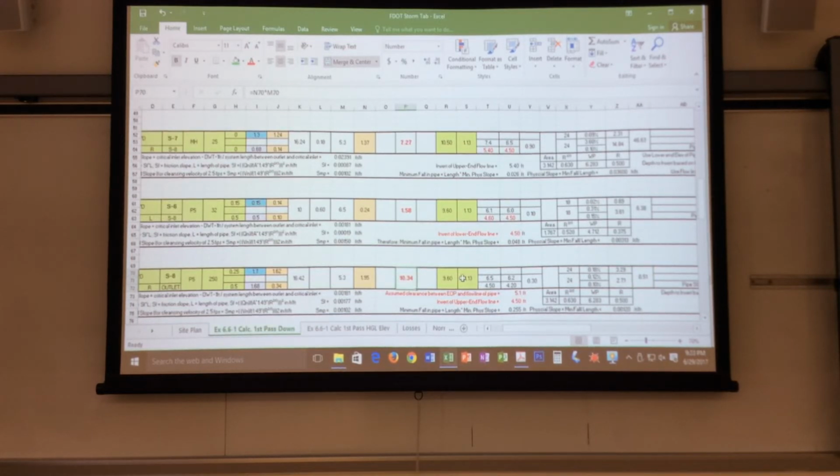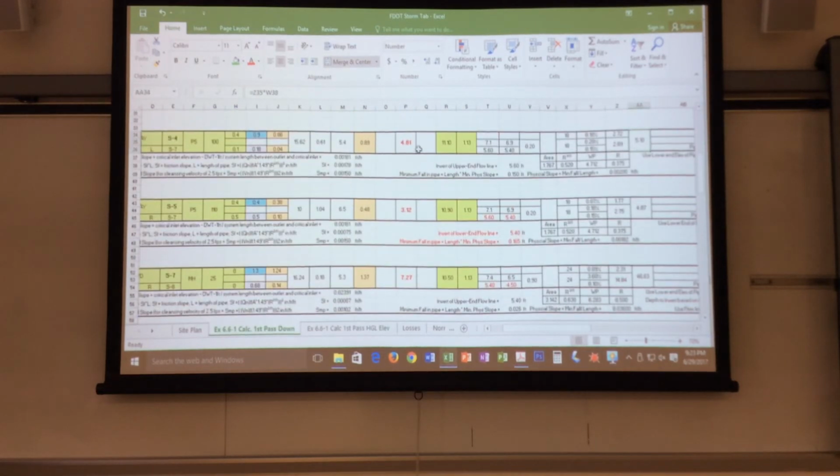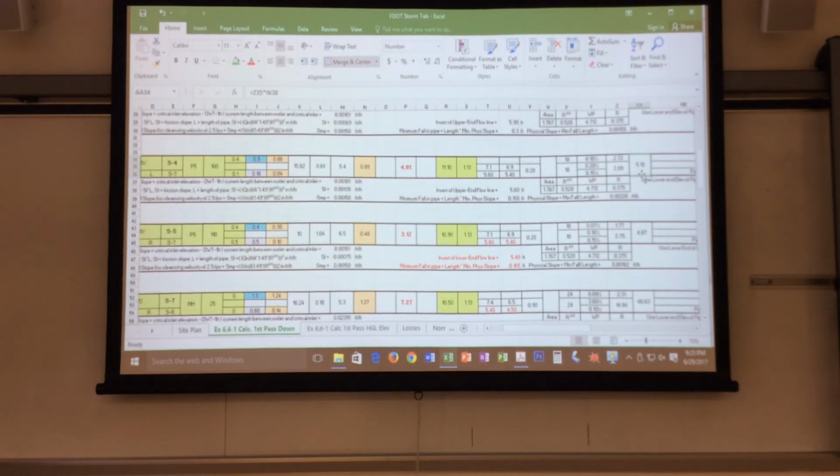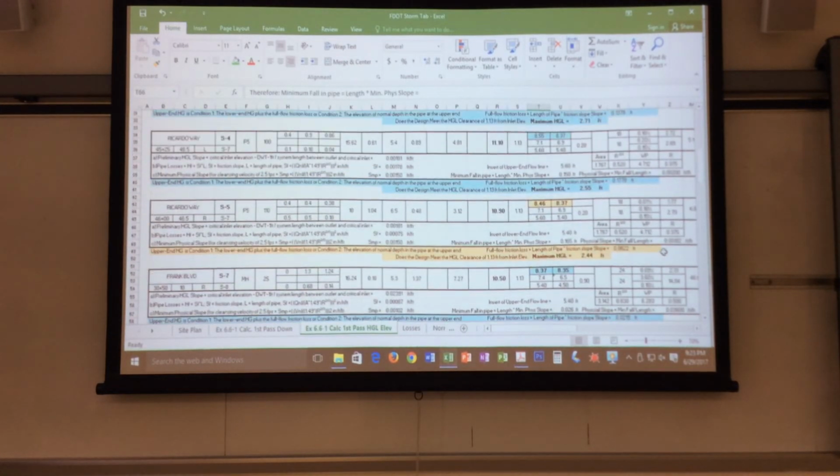So automatically somebody should have said that pipe needs to be bigger, because even flowing full, it doesn't carry the capacity. And this one here is really close. That 5.10 is the flowing full, and it's 4.81. It's close. So are these. So the 18s look good, but some of the other ones can actually go down.